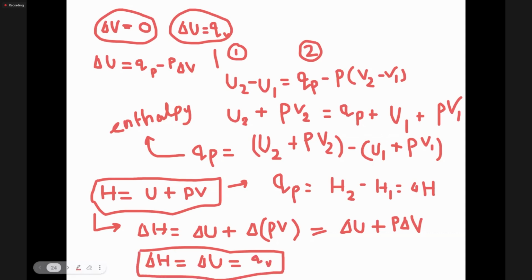From this series of equations, we have got very preliminary equations which will be helpful for us to understand the concept of delta H, delta U, QV and QP. So delta H is QP, but in case of constant volume where delta V is equal to 0, delta H and delta U both merge to the same quantity, that is QV.